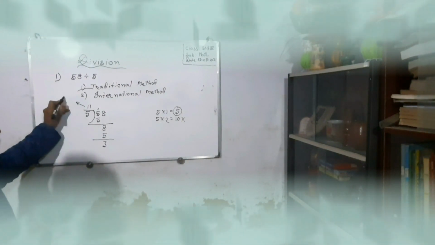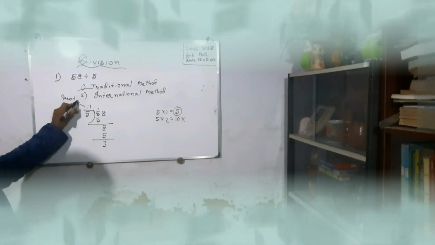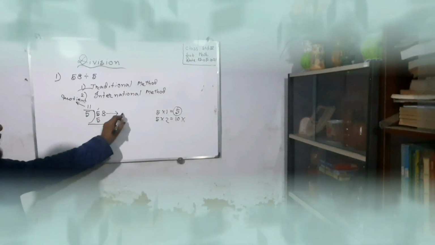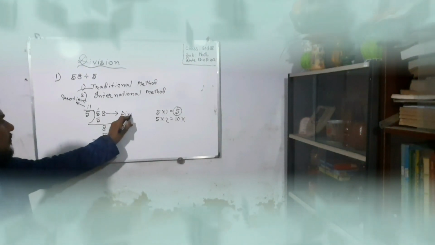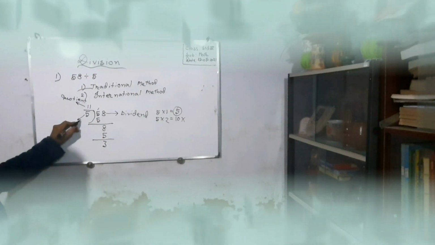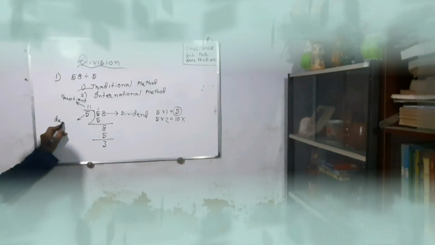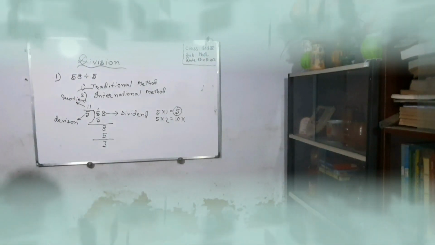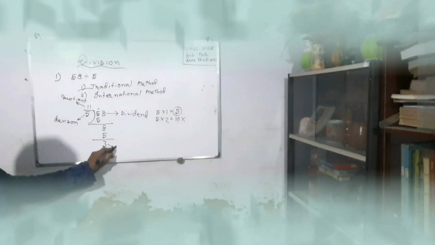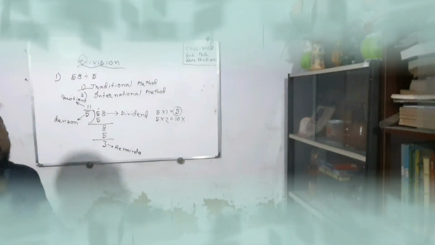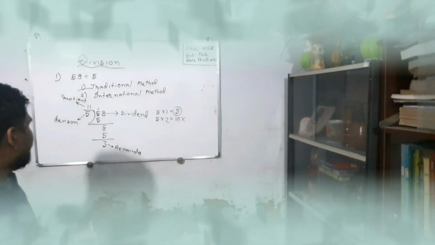So it is the quotient, dividend, divisor, and this is the remainder. I hope that you understand very well.